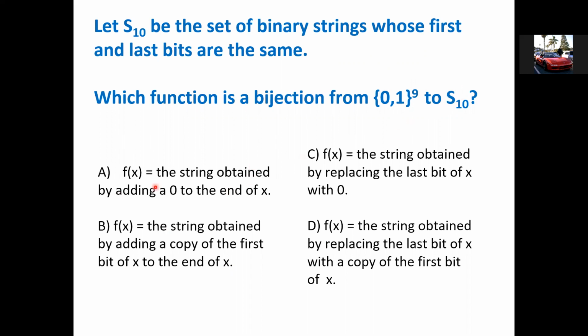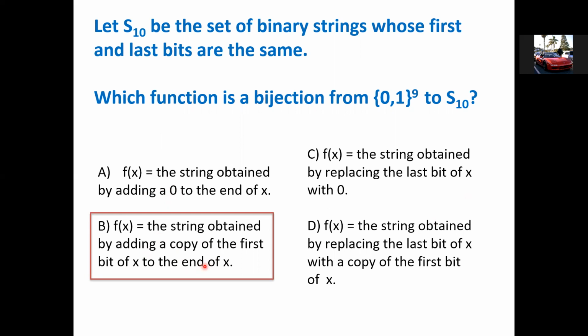Which of these bijections is it that takes a 9-digit string and produces a string here? So it's not adding 0, it is adding the first bit of X by adding a copy of the first bit. It's this one. Yeah, thank you.